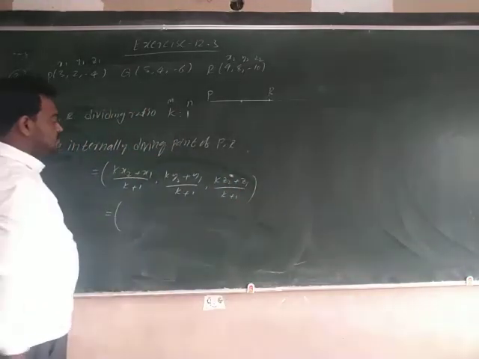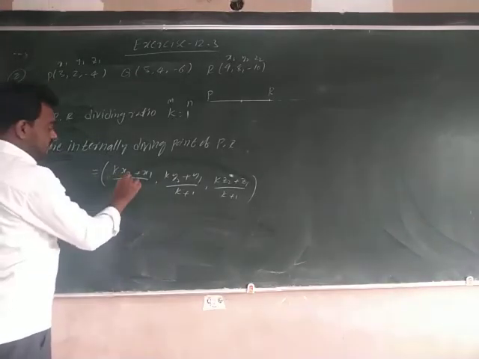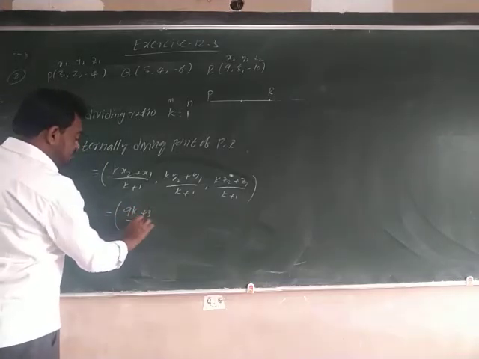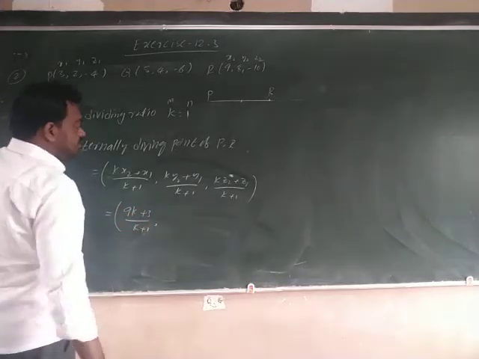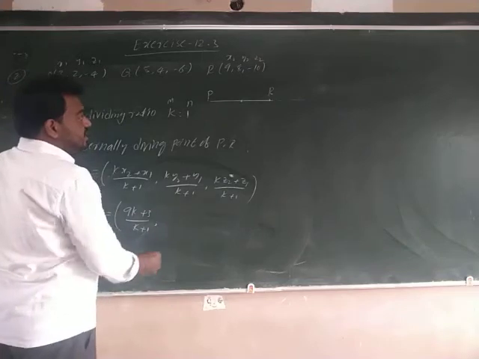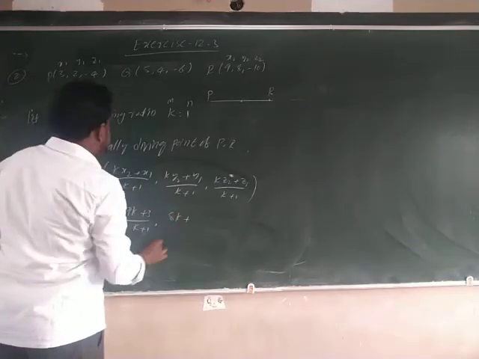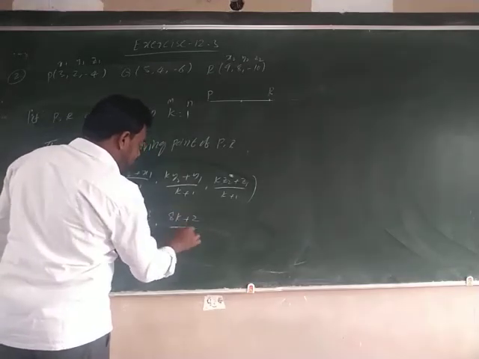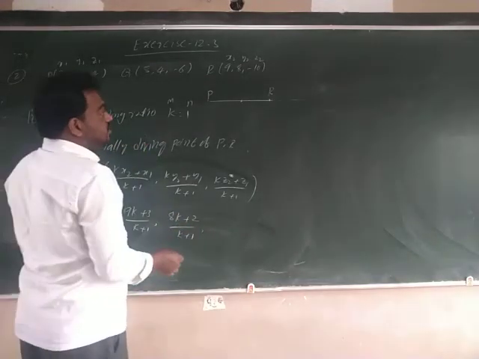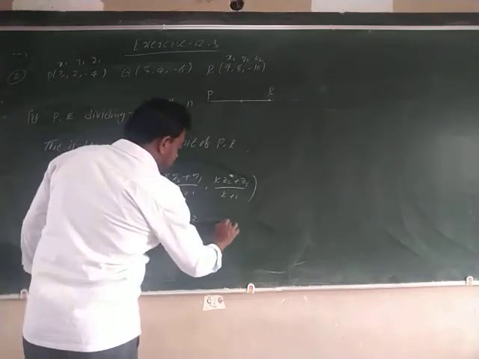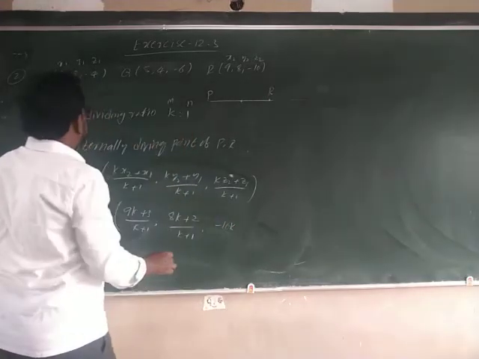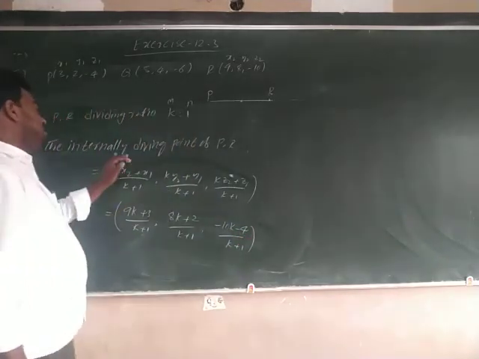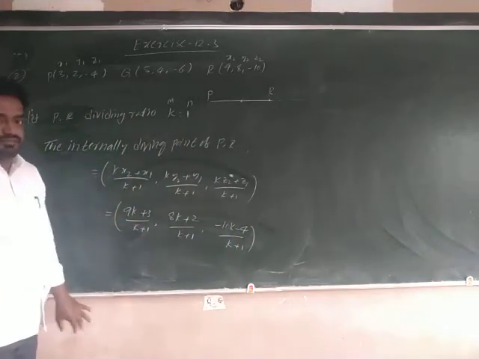This equals: x2 value is 9, so (9k + 3)/(k + 1), comma y2 is 8, so (8k + 2)/(k + 1), and kz2 is minus 10, so (minus 10k + z1) with z1 minus 4, over k + 1. This is the PQ internally dividing point.